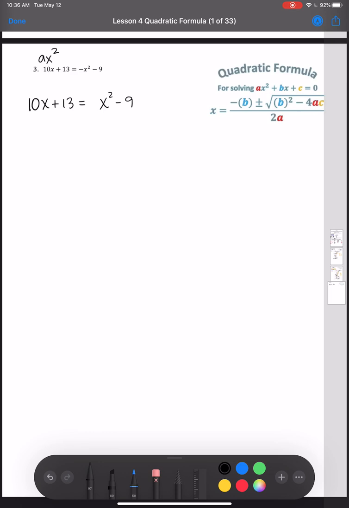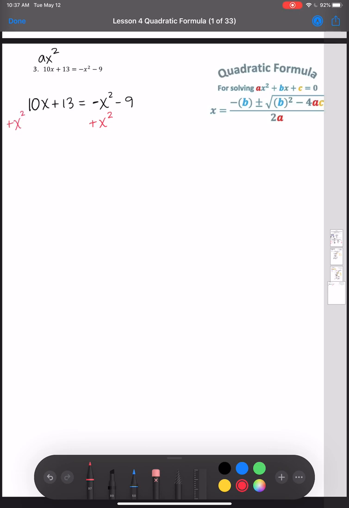If x squared was positive, you would move this to this side, because this is positive. But in our case it is negative, so we're going to move everything that's on the right side. The opposite of negative x squared, we're going to add it. We're going to line it up with its like term.